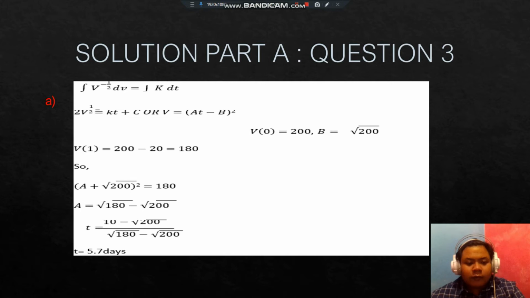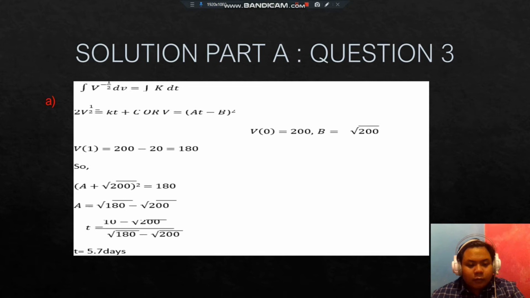When the first day loses 20, V1 is 200 minus 20, which is 180. The tank on the first day is left with 180, so a plus square root 200, power of 2, equals 180.